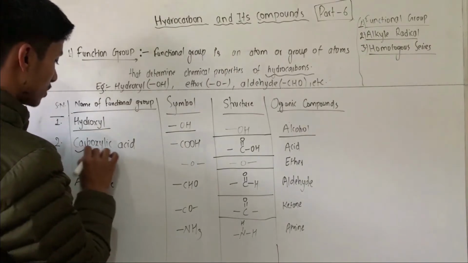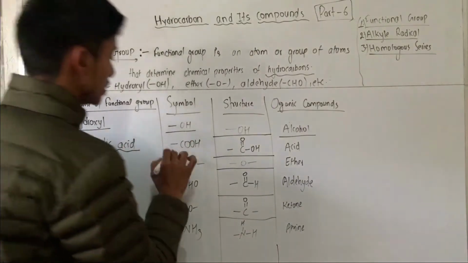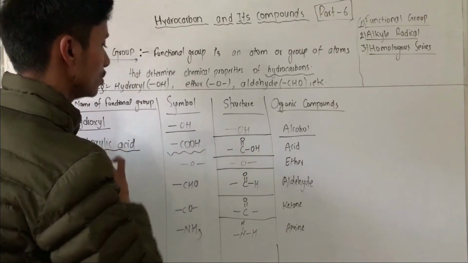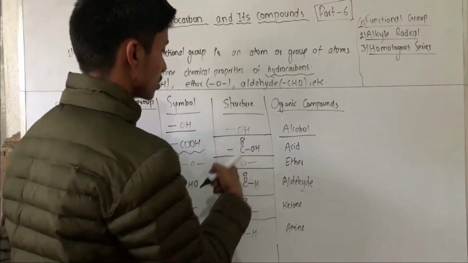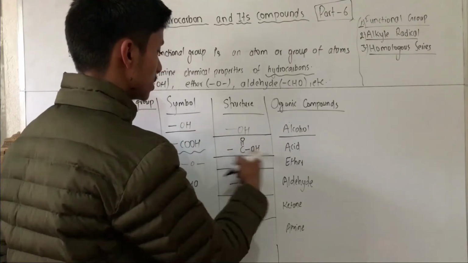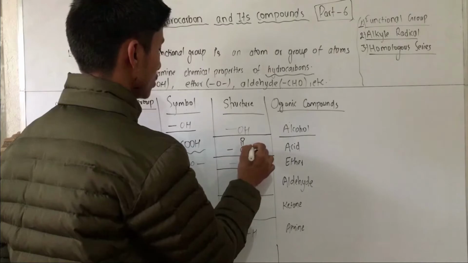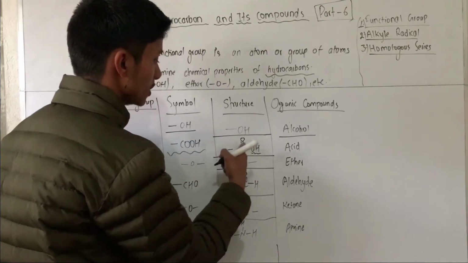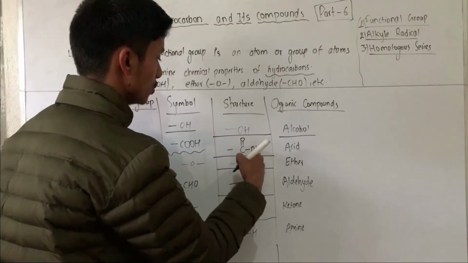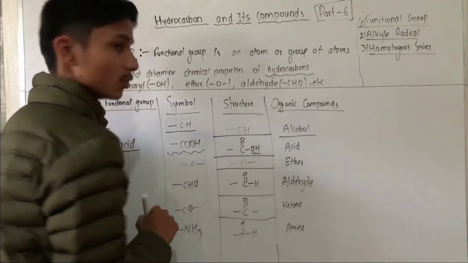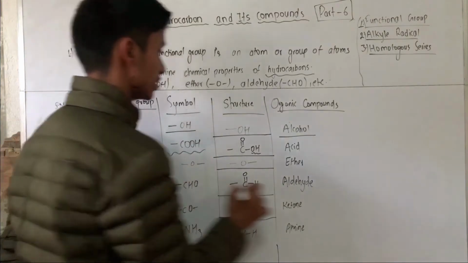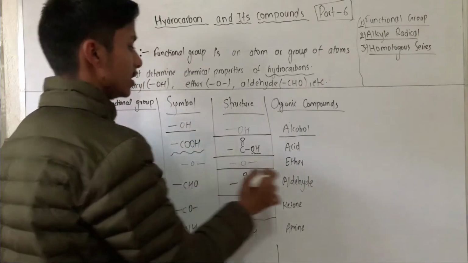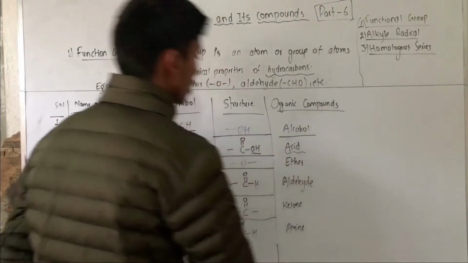Its symbol is COOH, and its structure is C double bond O single bond OH. Here single bond C, again single bond OH, then double bond O, oxygen. And if any compound contains this, then such a compound is acid.